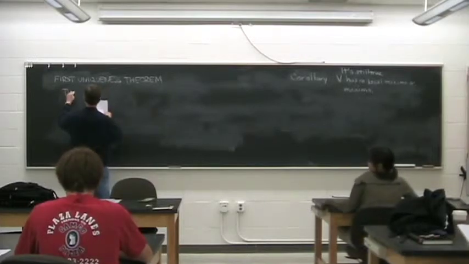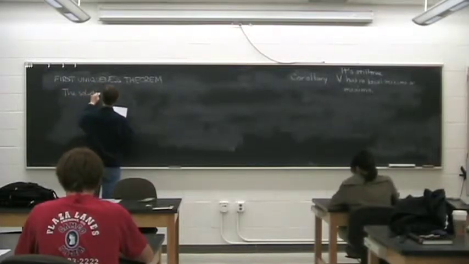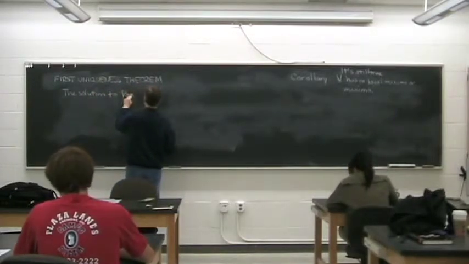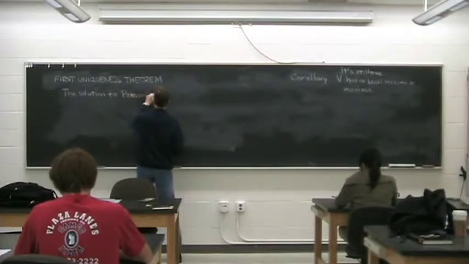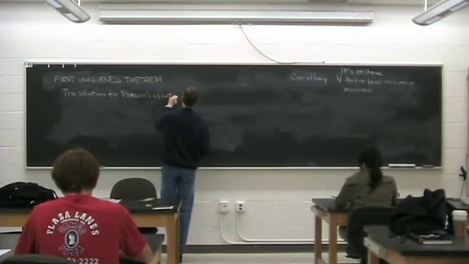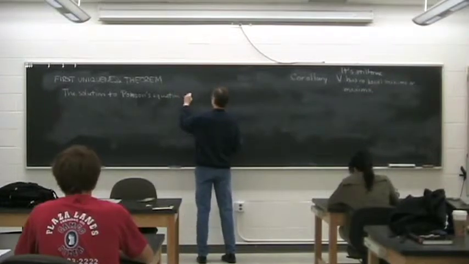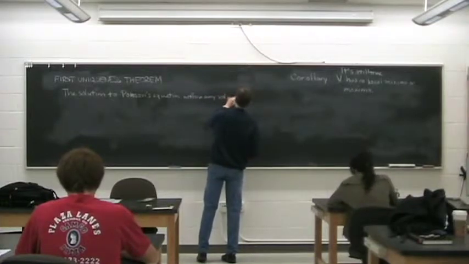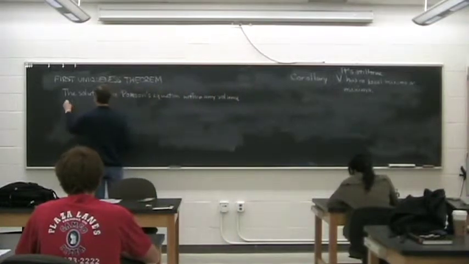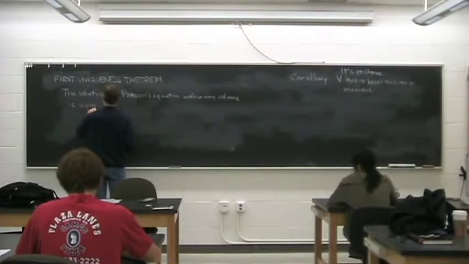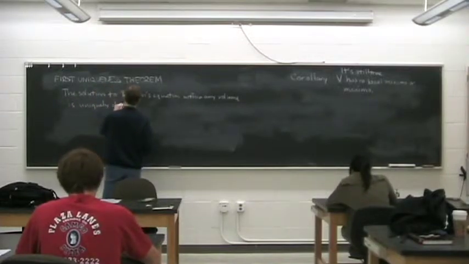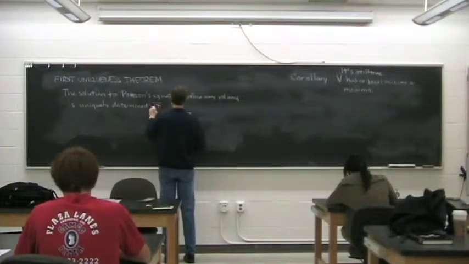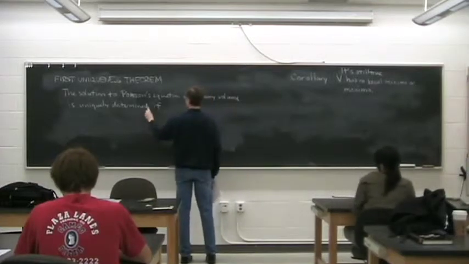This says that the solution to Poisson's equation within any volume is uniquely determined if the value of V is specified at all points on the surface bounding this volume.